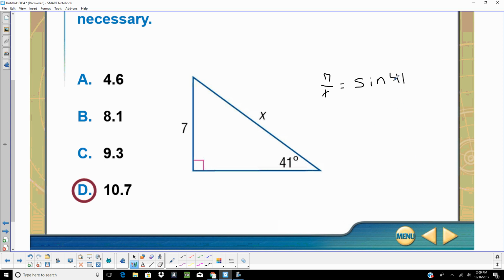I guess you could have also put the sine of 41 equals 7 over x. So I would have multiplied both sides by x and then divided by 7. Or I'm sorry, multiply both sides by x and divide by sine 41. So you're getting 7 divided by the sine of 41 degrees, and that'll give you 10.7.